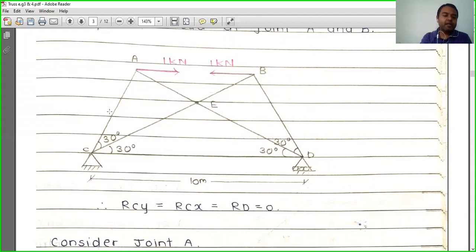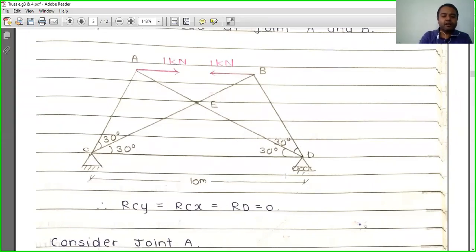That's why the support reaction will be equal to 0. So remember, in K forces, when the given structure is internally indeterminate, the support reaction will be 0. Up till now, we have seen problems regarding only internal indeterminacy, so reactive components are 0.